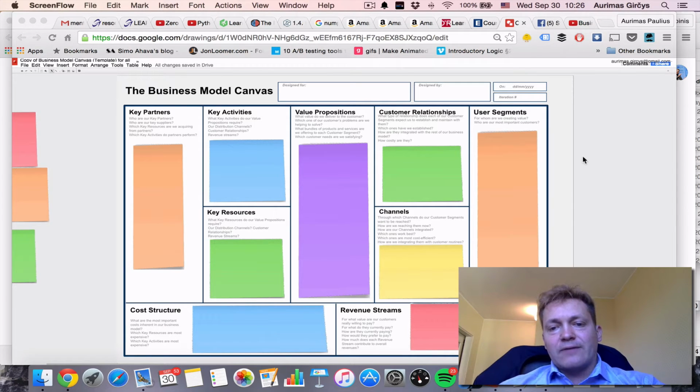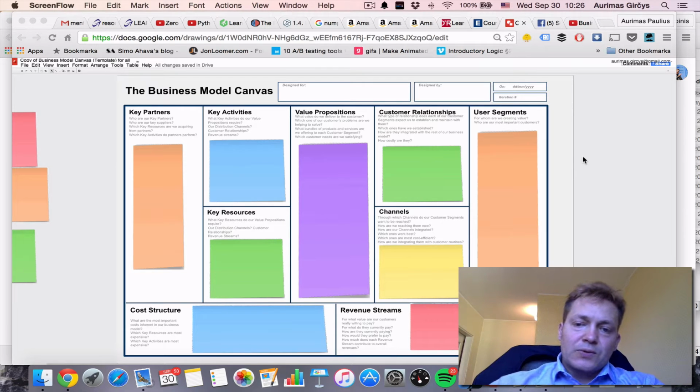This is another key feature, because with user segments, we have to understand exactly who our users are, why we are targeting them, and how to approach them in the best way. With value proposition, you have to understand what literally is your added value for these clients, and how exactly you will be able to differentiate from the other competitors in the market.